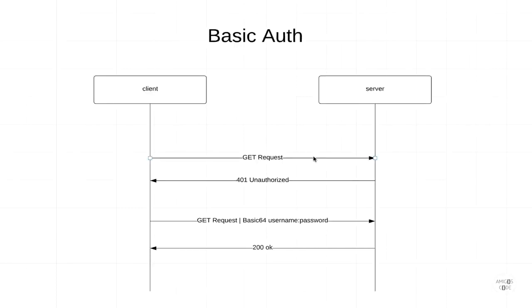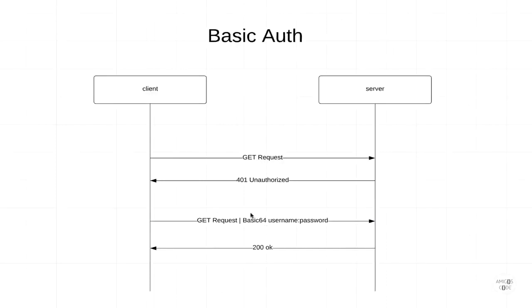Well, with basic auth, if you just send a request, you will get a 401 status code, meaning unauthorized, from the server. This is because with basic auth, you need to specify the username and password inside of the request header as base64.